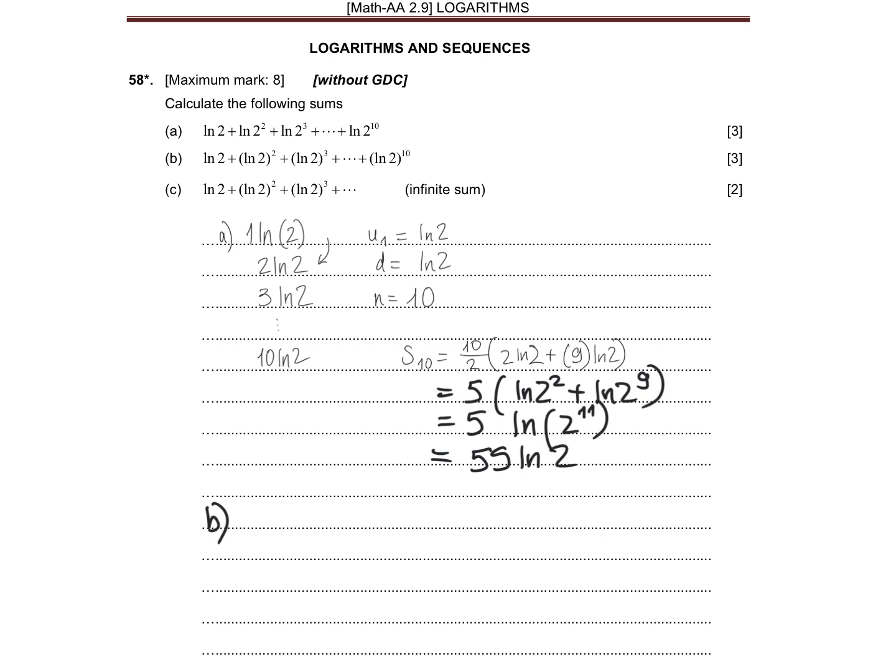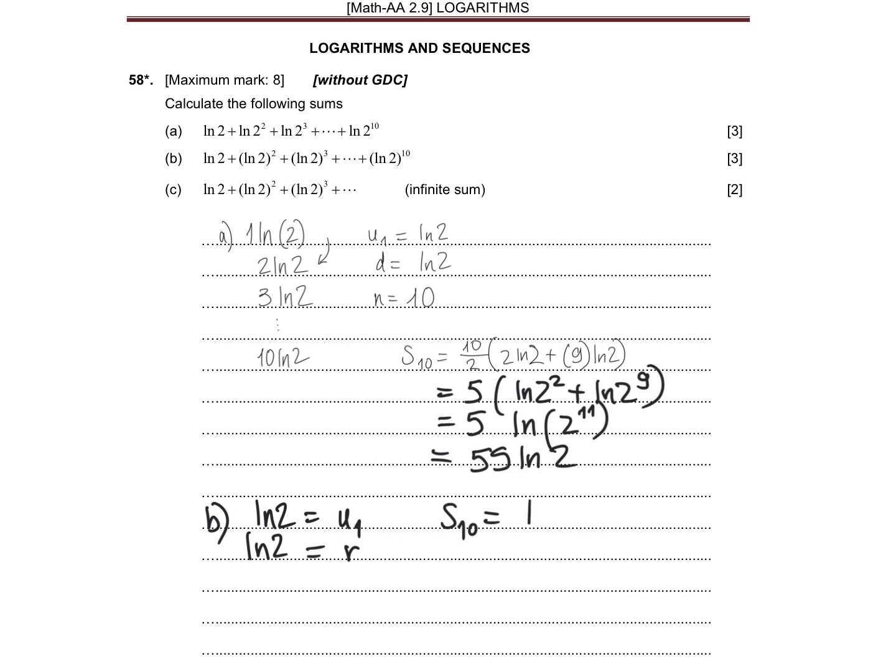So for B, this one's different because we're multiplying. So natural log 2 is U1, but we're multiplying by natural log 2. That's our R. So we have, again, the sum of 10 terms, but now we're in geometric.